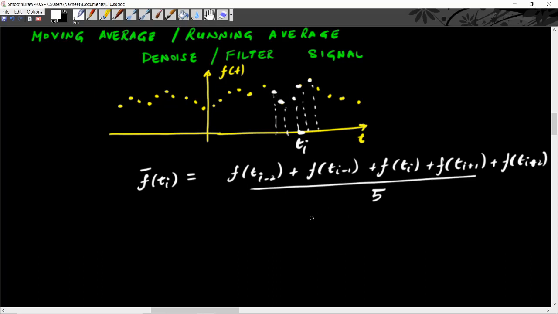And if you do this procedure, you will see that you end up with a smoother signal compared with the original signal, and this operation is called the moving average.